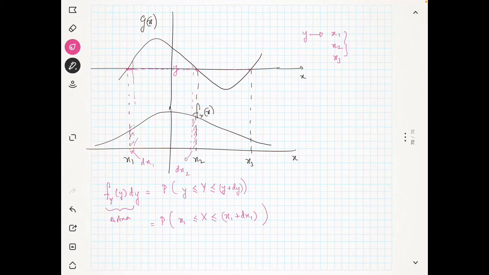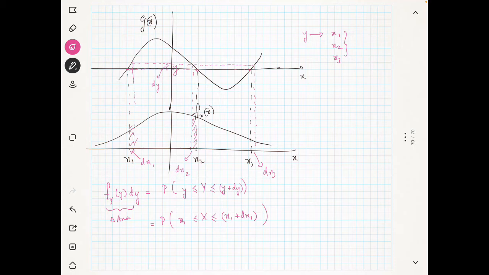And similarly you have something like here, and this is giving you dx3. And you can see here, if all of these are giving dx1, dx2 and dx3, it is giving you a small delta change in the y. That means it is giving you a dy.